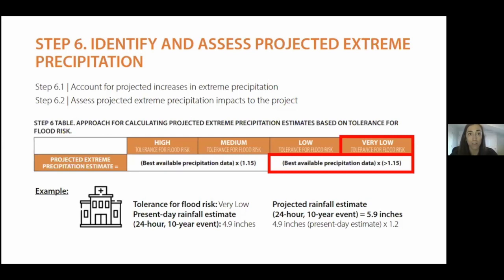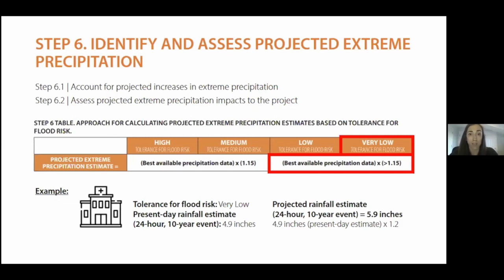So say for the sake of this example, the decision makers involved want to take a precautionary approach and decide to plan for a 20% increase in extreme precipitation. We would then multiply our present day estimate of 4.9 inches by 1.2 to get a projected extreme precipitation estimate of 5.9 inches.